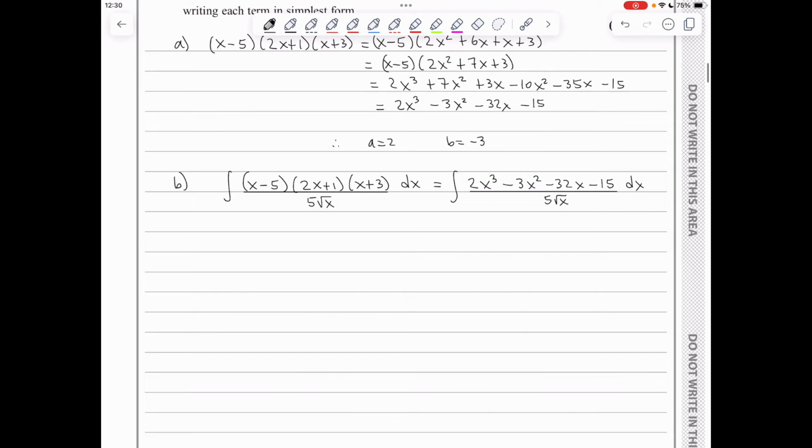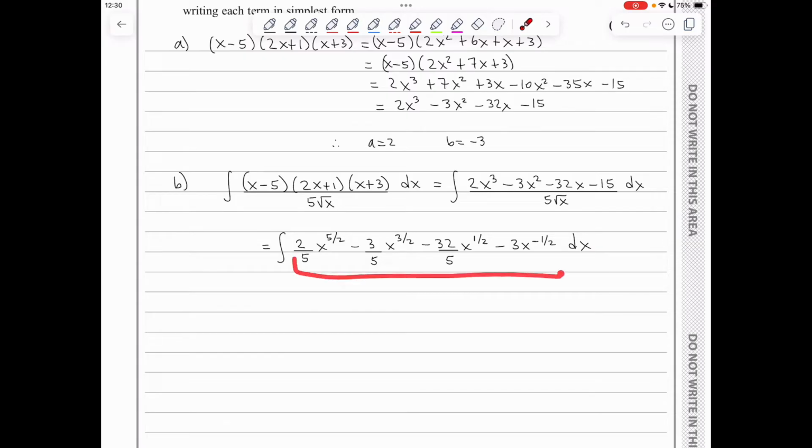It's going to be the integral of 2 over 5 x to the 5 over 2, because I'm doing 3 minus the power of root x, which is a half. So 3 minus a half is 5 over 2, minus 3 over 5 x to the 3 over 2, minus 32 over 5 x to the half, minus 3x to the minus a half dx. So dividing by root x means I'm subtracting a half from the powers of x.